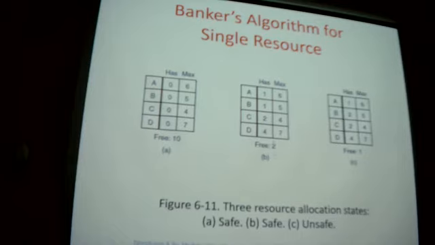And the next, this banker allocated 1 to process D, and finally it only has 3.